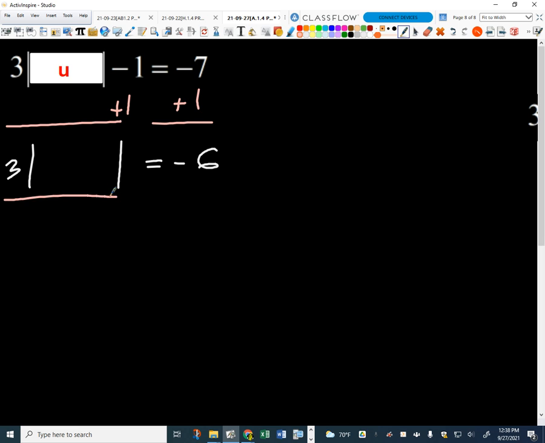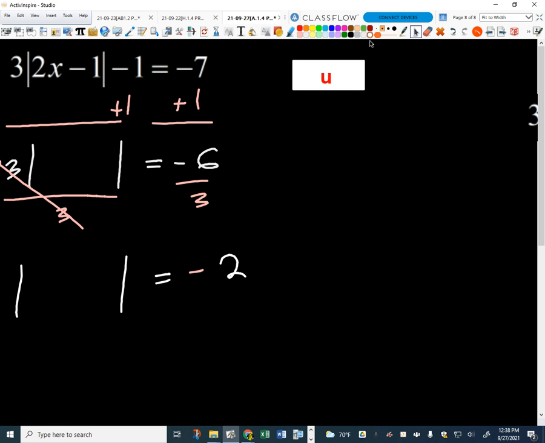Then we divide by 3, and I get my isolated absolute value is equal to -2. Okay, I could move this out of the way if I want to, and I know that what's inside is 2x minus 1.